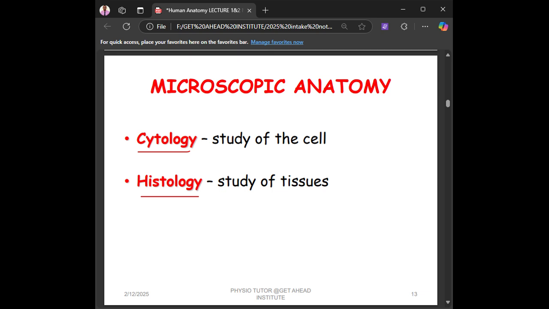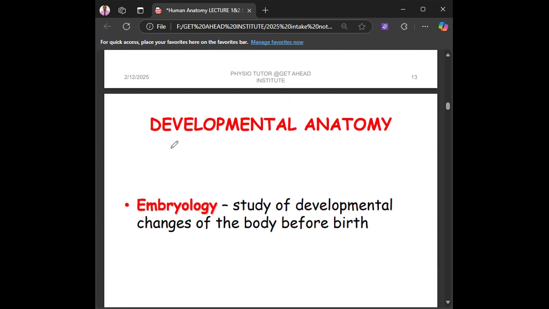Histology takes a wider approach to microscopic anatomy by examining how groups of specialized cells and their products function for a common purpose.